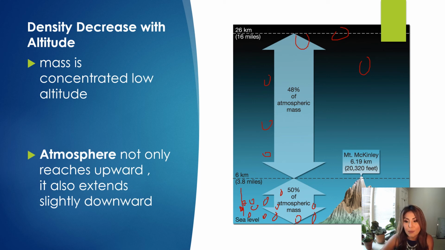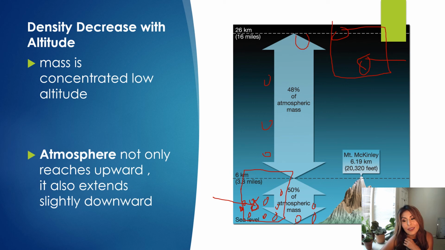So if you were to take a box of this air versus a box of this air, which box has more air? Closer to sea level, right? So there's more mass closer to sea level. Density is higher here than up here. So the mass is concentrated at lower altitudes.